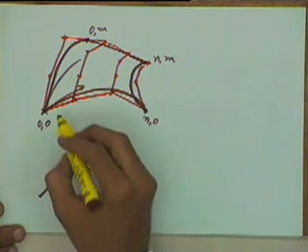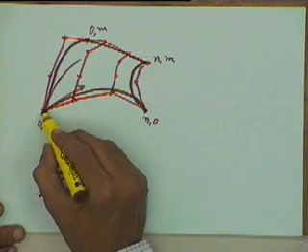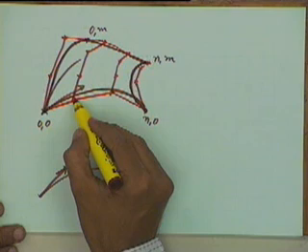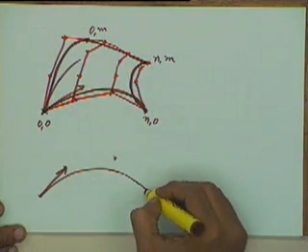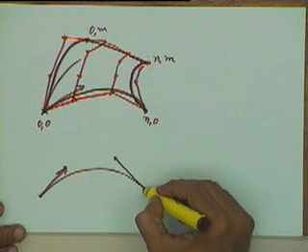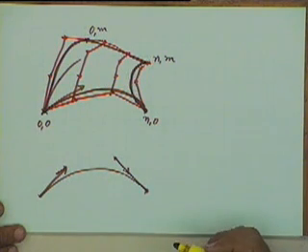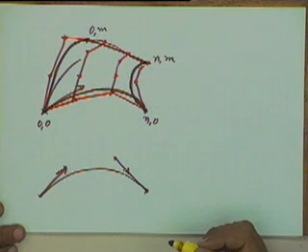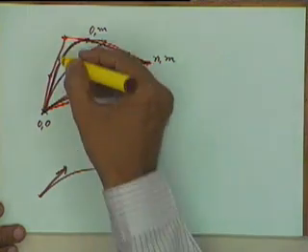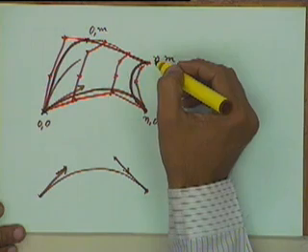So the direction of the tangent vector has to be from the first control point to the second control point. Similarly, the tangent vector at the end will be in this direction. And the same thing can be said about the other 3 curves also.